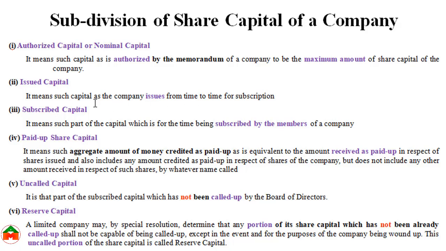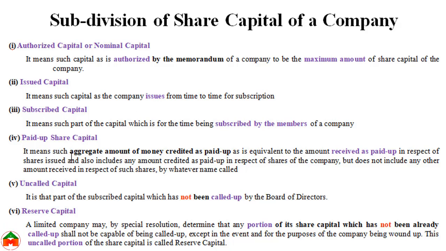And out of your issuing share, there may be a subscription or application from the interested investors, and the amount of capital that is subscribed by the investors or members or shareholders is known as subscribed capital.